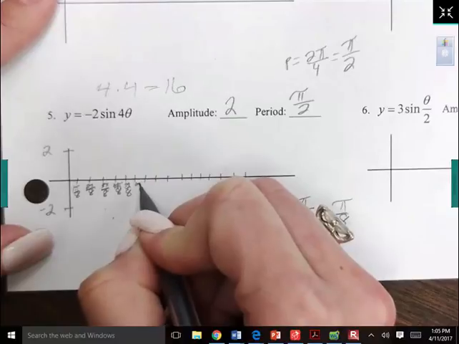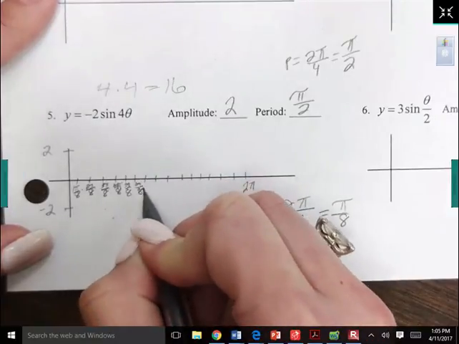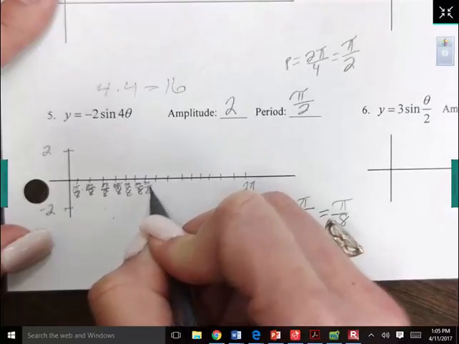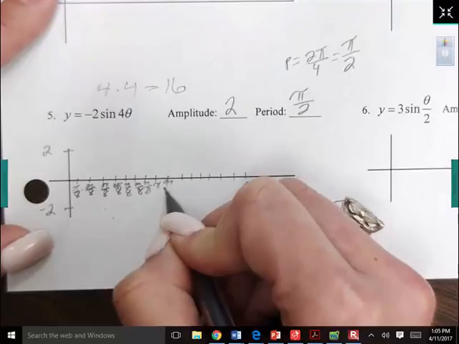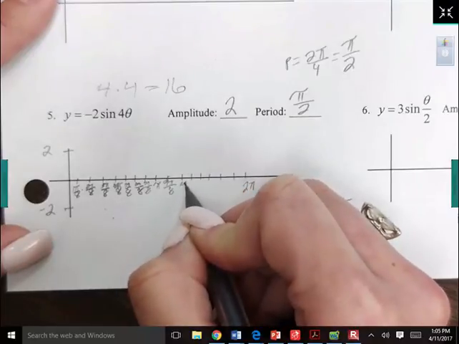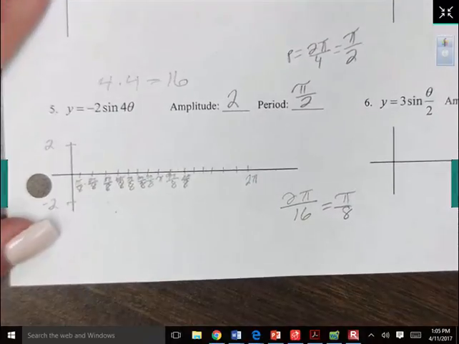You'll have more room on your test, okay? 1, 2, 3, 4, 5, 6, 7. I'm just writing pi here, right? Because that's 8 pi over 8. You don't have to, but you need to know that they're equivalent.